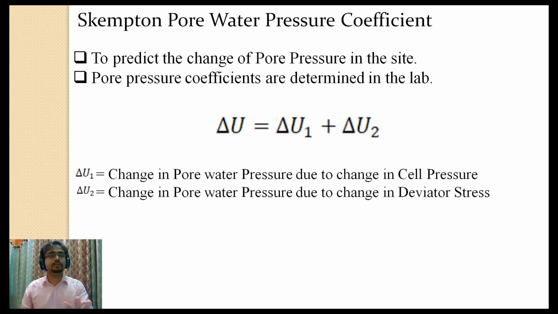These coefficients can be found out in the lab by applying those apparatus which can measure the change in excess water pressure, and they can be applied in the site. So we can predict the change in excess water pressure in the site by the Skempton's water pressure coefficients.